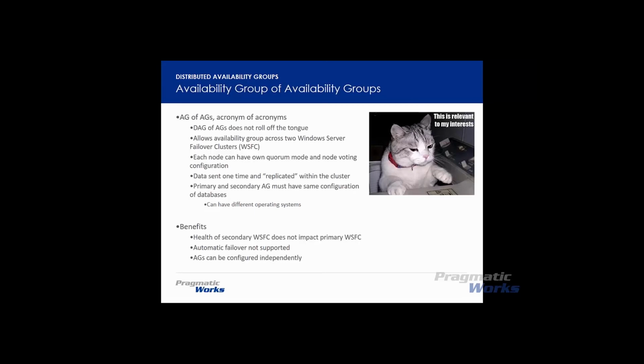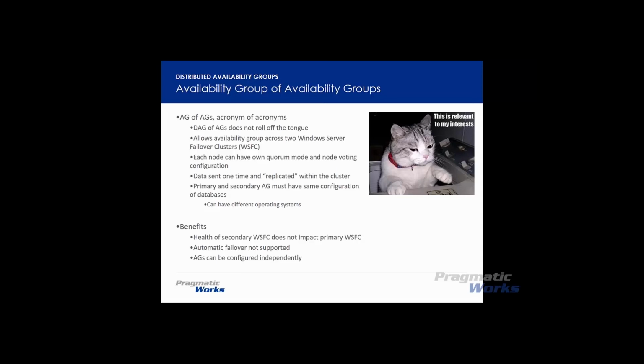Once it got there, it was distributed to the 4. For most of us, the network in your data center is substantially better and faster than your wide area, so it's nice the way this is handled. It's not sending the data 4 times because there are 4 machines down there. It sends it once, and it's handled on site. The key thing here is that the primary and secondary AG must have the same configuration of databases.